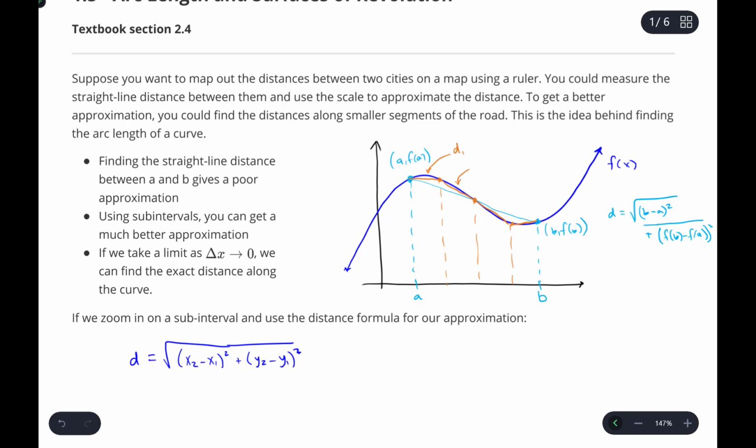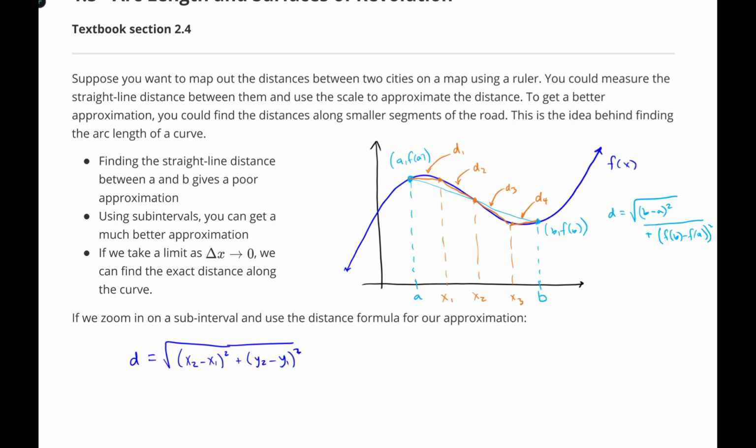So I'll call this D1, D2, D3, and D4. We add those together, that would give us a better approximation. So using subintervals will get us better approximations. So let me just say this is x1, x2, x3, and then we would have points where we could get the coordinates of these points along the curve using the function itself, add together.